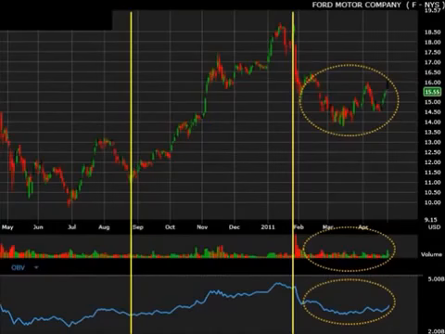So in essence, as the sellers gain more power, the price goes down. As the buyers gain more power, the price goes up. So as the slope moves upwards, as it does between the 2 yellow lines, it's usually corresponding to a rise in price. As the on-balance volume slopes downward from left to right, that usually corresponds with a decrease in price, which we can clearly see and is highlighted in the dotted circles around the price chart on the top and the on-balance volume chart on the bottom.